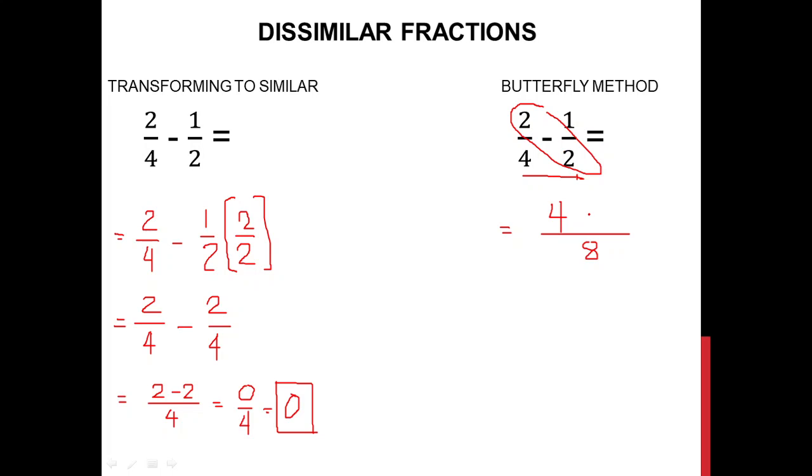Since this is subtraction, copy the subtraction sign. 4 times 1, that's 4. Then subtract. 4 minus 4, that's 0 over 8. 0 divided by 8 is 0. So we have the same result. So it's up to you what technique you want to use.